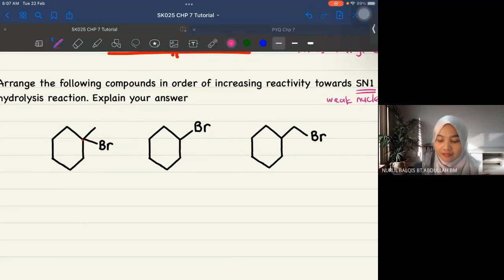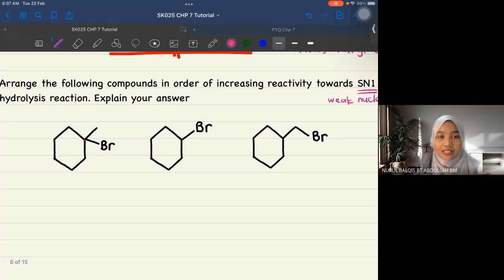Before we classify them into classes of alkyl halide, could you please tell me the name of this compound? We'll start from the left. Let's say saya define dia as compound A, compound B, and compound C. Could you please tell me the name of compound A?